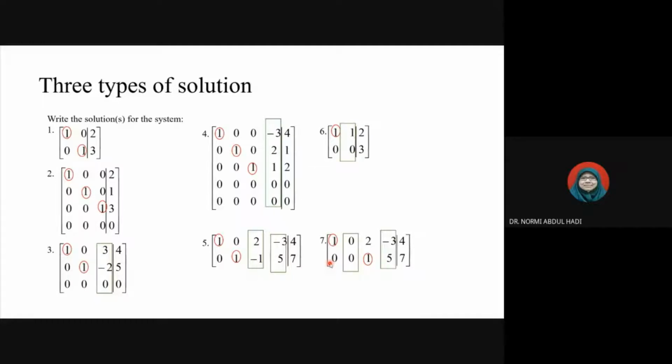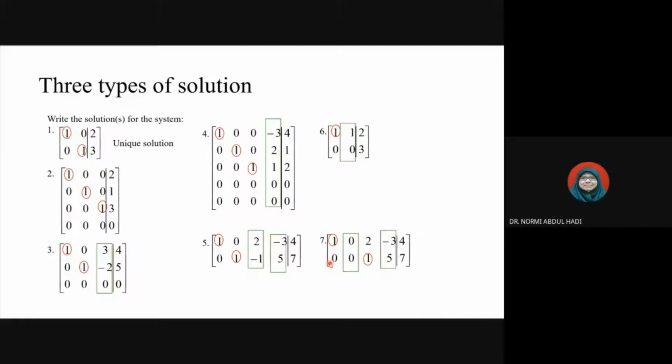So based on the information of leading ones and also the columns without a leading one, we can decide the type of solution. For example 1, there are 2 columns in the matrix and there are 2 leading ones. Therefore, this system will give a unique solution.